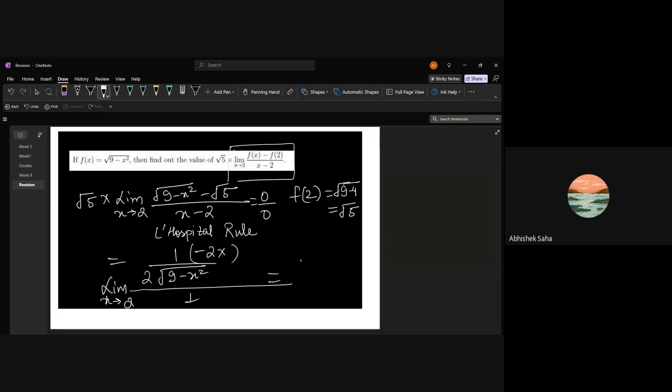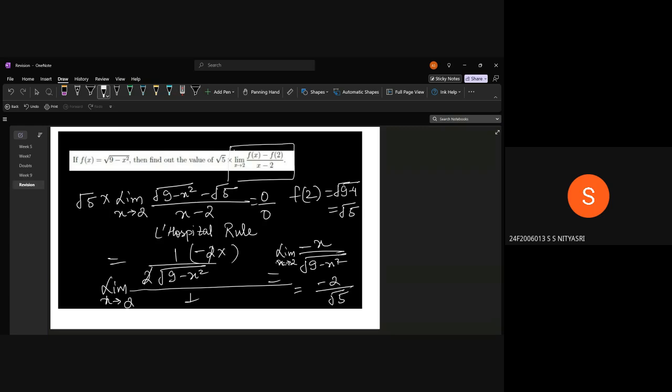Now this will be equal to what? 2 2 will cancel out, minus x upon root under 9 minus x square, limit x tends to 2. Put x equal to 2, minus 2 upon root 5 is the answer.